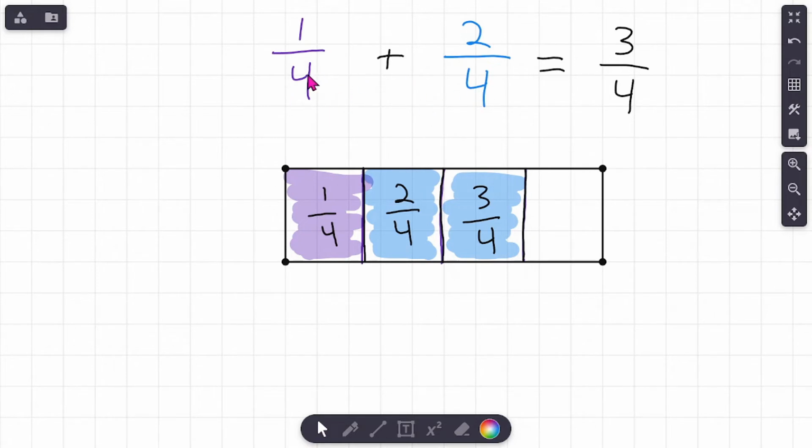If our denominators are the same, that allows us to add or subtract. So our goal, when we're solving a lot of these, is to find and create fractions that have the same denominator. Because if we were to add these denominators, that would change the fractions completely.